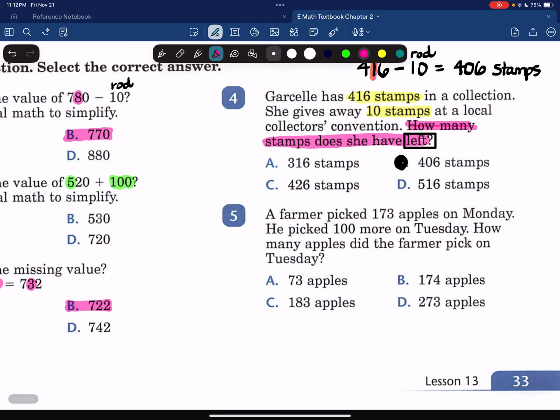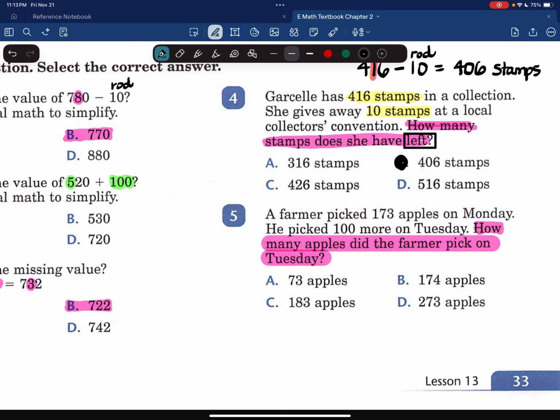A farmer picked 173 apples on Monday. He picked 100 more on Tuesday. How many apples did the farmer pick on Tuesday? Be careful with this one. It's a little bit misleading to me in the reading.